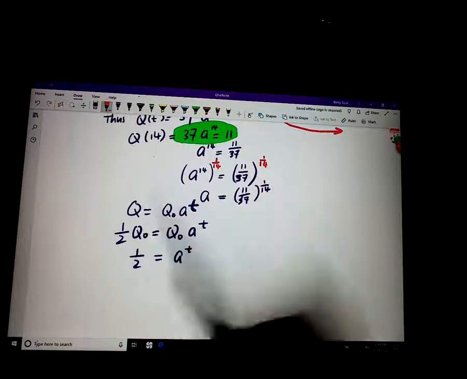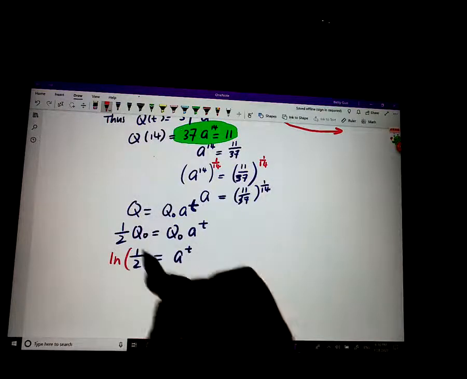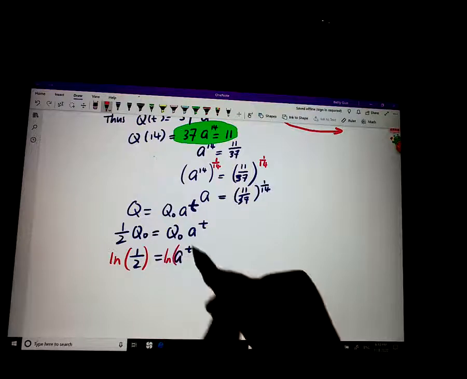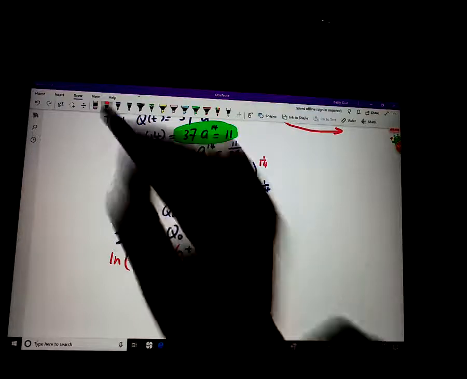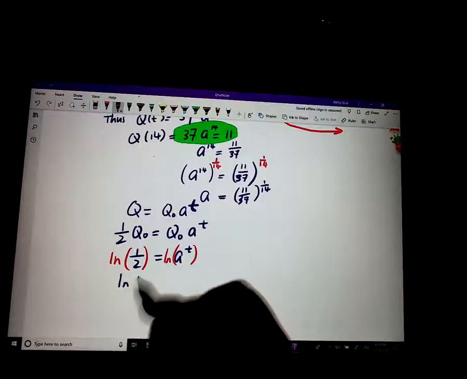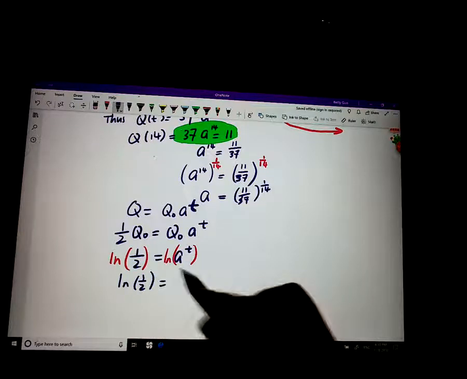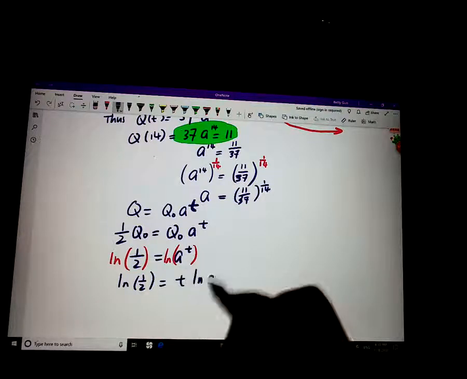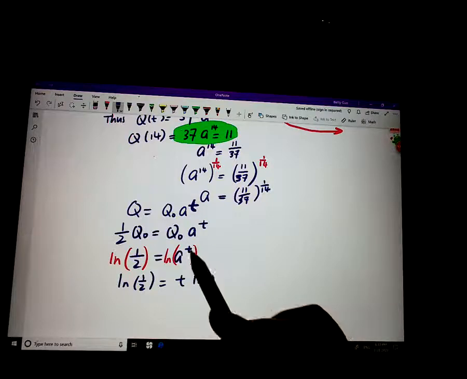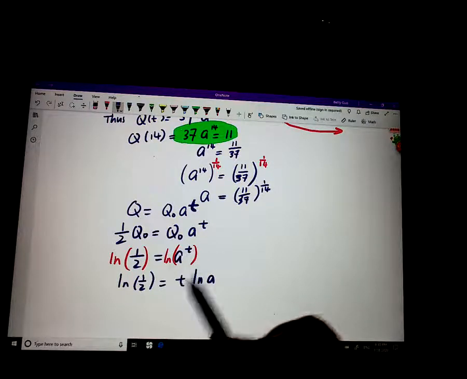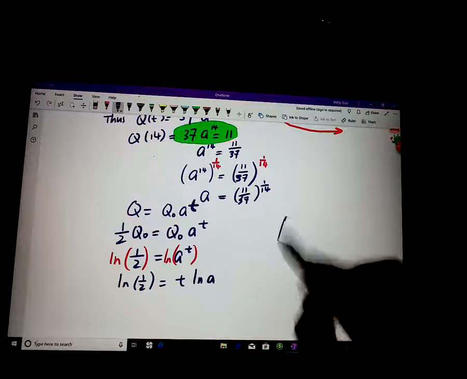This part is kind of challenging. Then we would have ln of one half on the left, and t times ln a on the right. Do you see I applied the power rule? I moved the exponent t in front. That is the power rule.